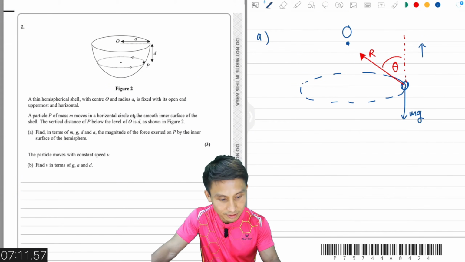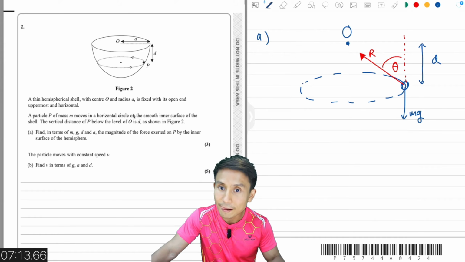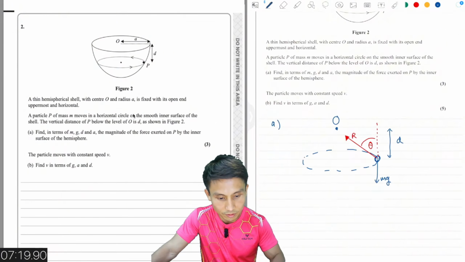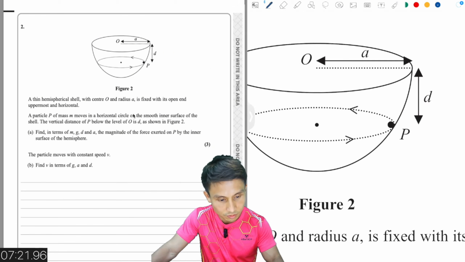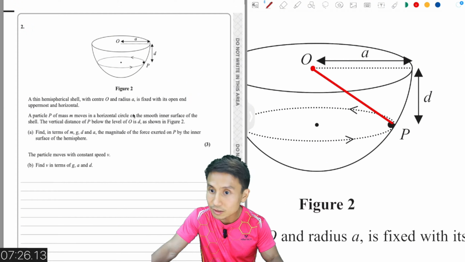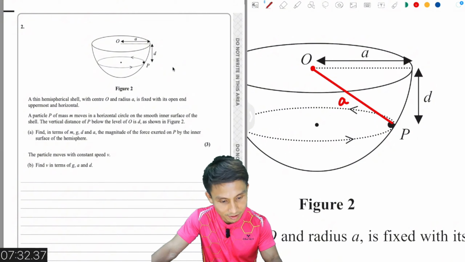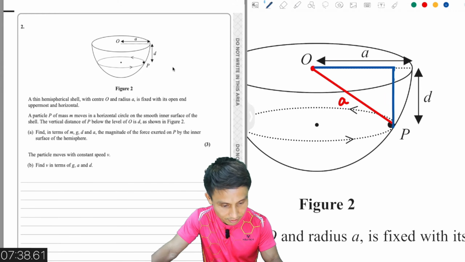So this is distance D. Okay, so let's draw a little right angle triangle. So this is also O, this is also R. We know that the radius of the sphere is not R, it is A. That is also A. So we know this distance, and then this is the D.